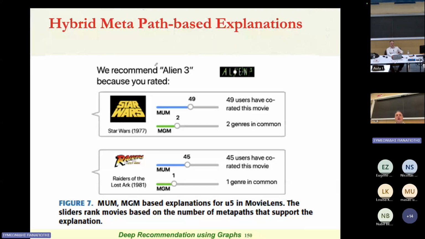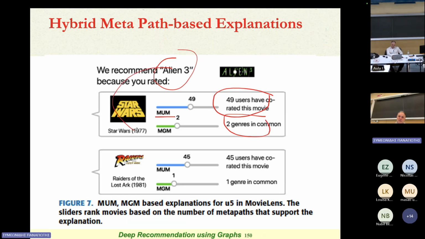Of course, here we can see an example of how we can recommend a movie to a user by using these metapaths. For example, here, this metapath, movie user movie, shows that 49 other users have co-rated this movie with you. Okay, and you have also two genres in common.